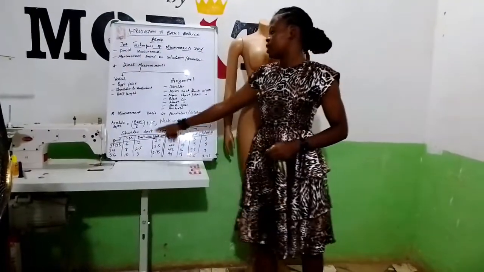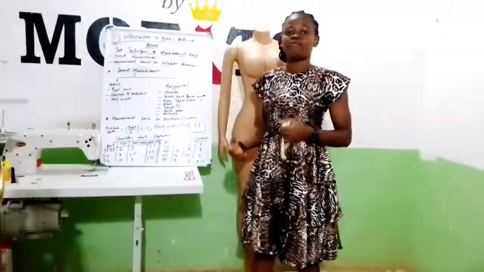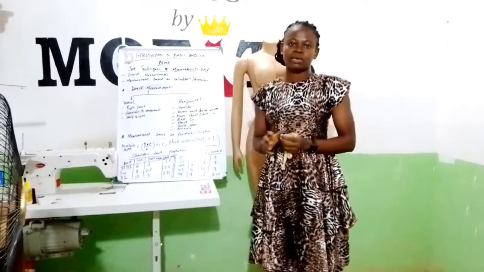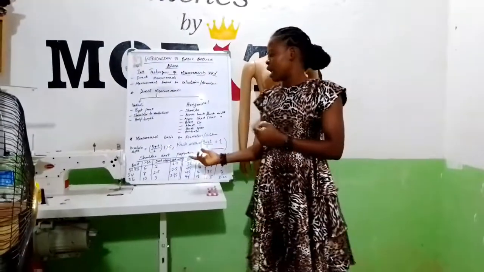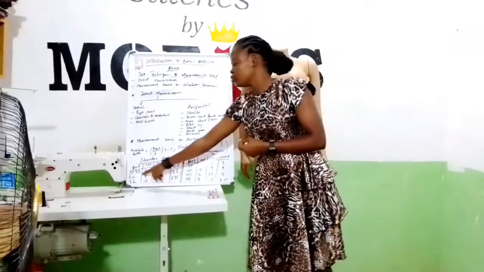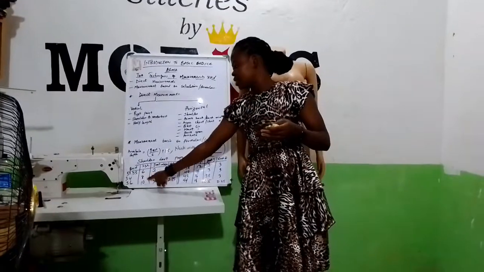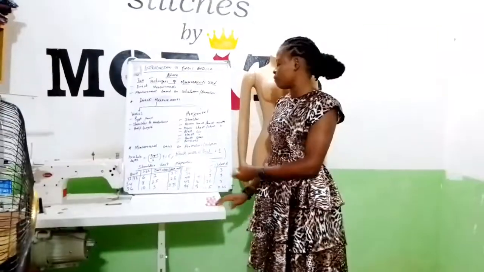For instance, if your client is not around and you know the size of that client, you can be able to draft the pattern of that size. So you now have to use the size of the client, for instance, size 8 or size 10 and all of that.